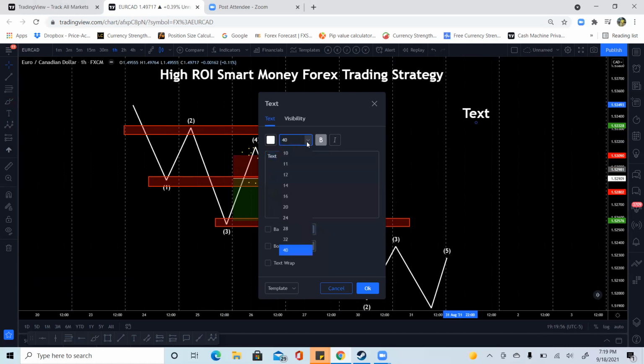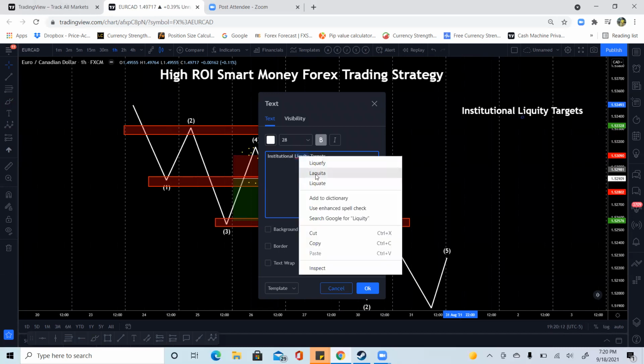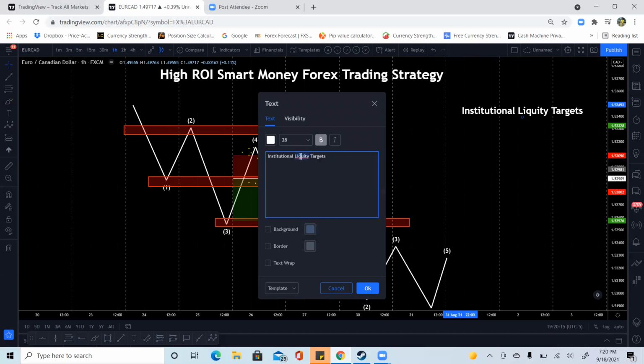So if we break this down, institutional liquidity targets, that's the word you want to remember, is liquidity objectives. Liquidity objectives.